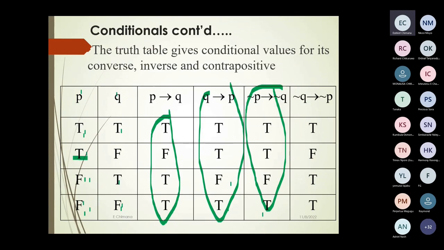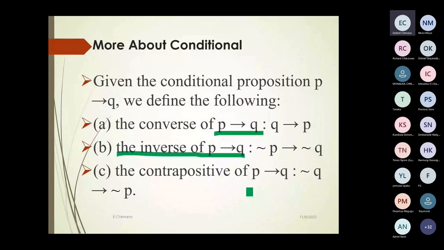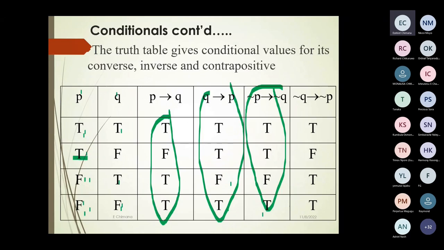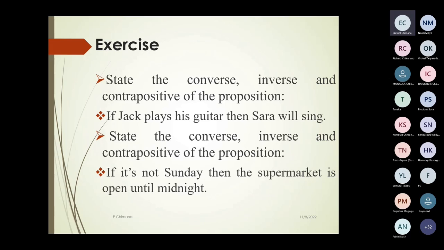And then the last one will be the contrapositive, where the negation of Q implies the negation of P. So these are the values for the contrapositive. I don't know if there are questions here.